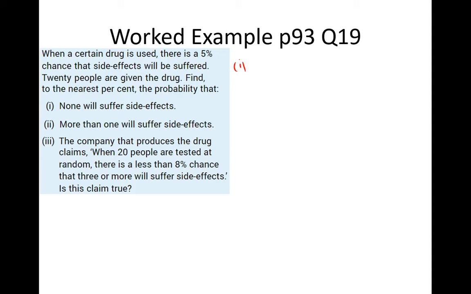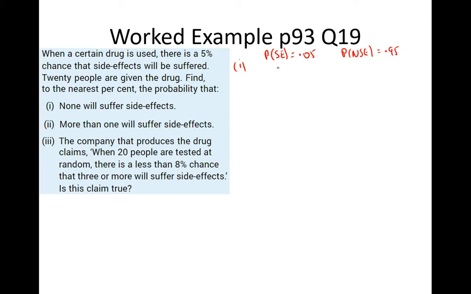Yes, it is. Why? Because the 2 outcomes are either side effects or no side effect. Okay, so the first thing we establish is, what's the probability of a side effect? Well, the probability of a side effect is equal to 5%, which is 0.05. The probability of no side effect, therefore, is 0.95.